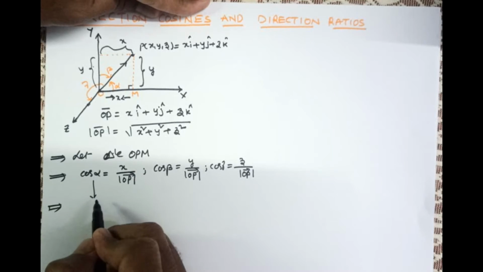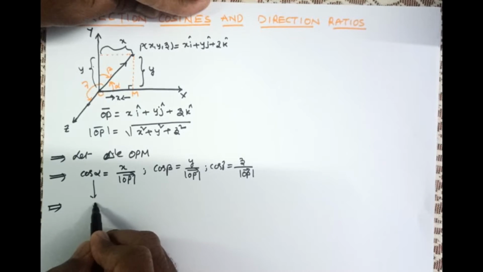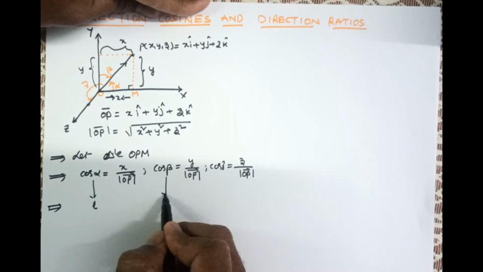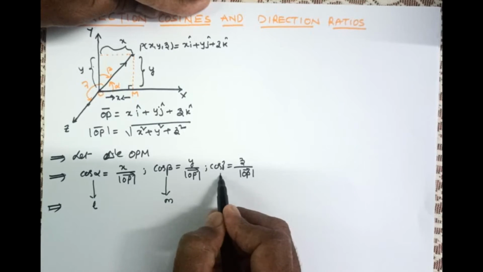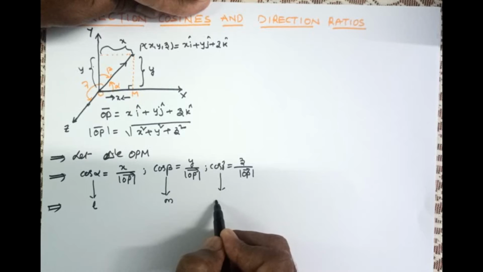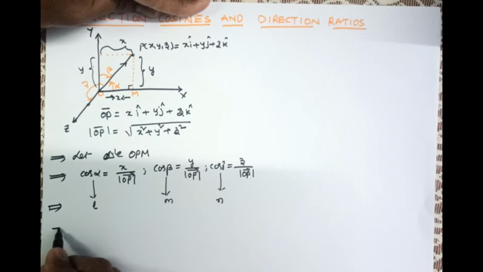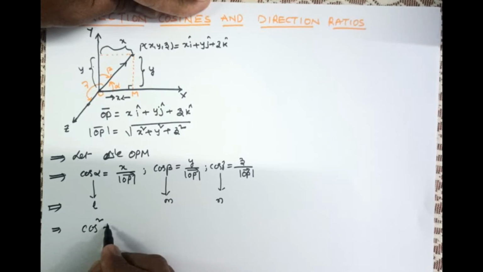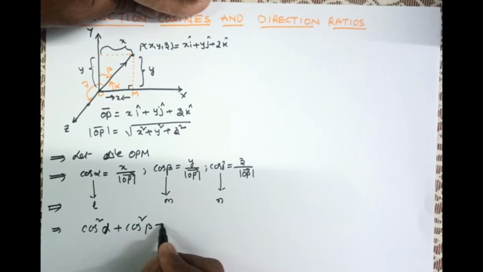Another way, we can denote cos alpha simply as L, cos beta as M, and cos gamma as N.